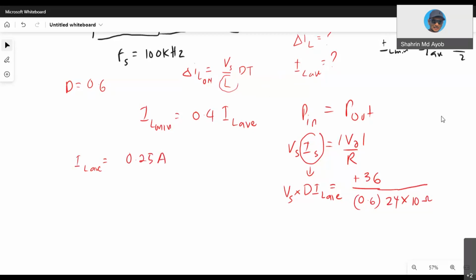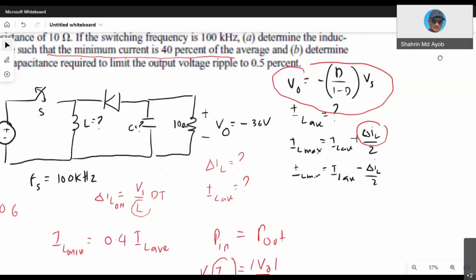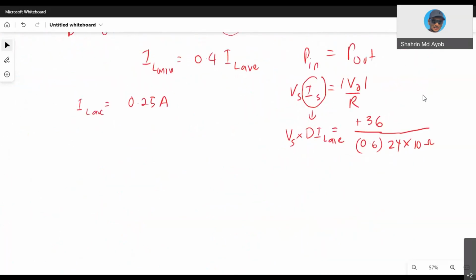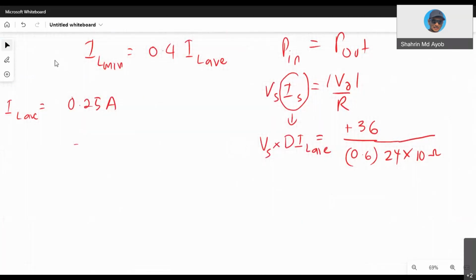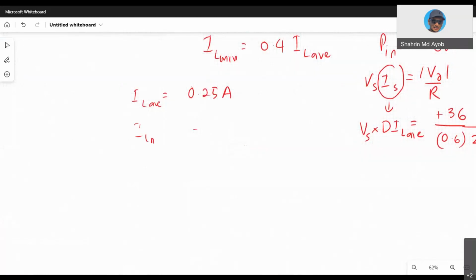We use this information because we are given 36 and Vs is 24. From that, you can calculate your D. Okay. So your IL average is 0.25. So your IL min is 0.4 multiplied with 0.25, which is 0.1. So your IL min is 0.1.